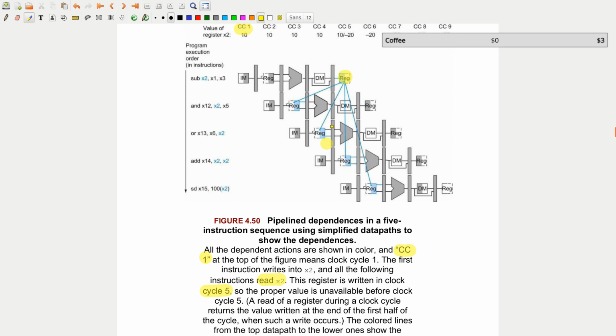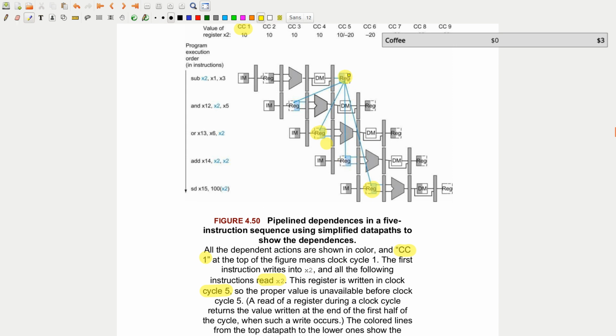So it looks like we're just forwarding it to each of the register files at each of these stages. However, with these two, it makes a little bit less sense. And even for this one, it doesn't make sense because it looks like we're bypassing into the future, taking something from the register file into the future.